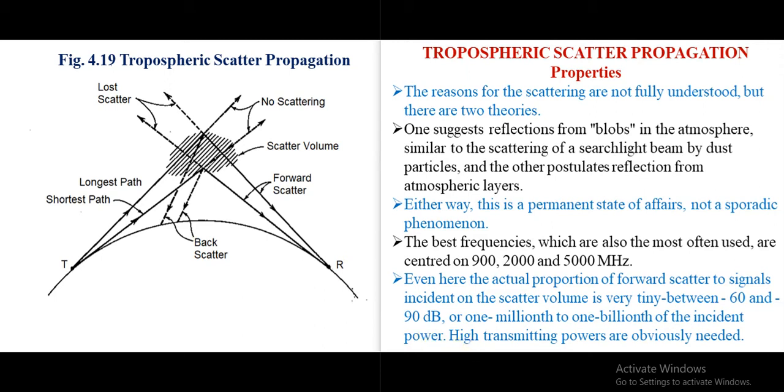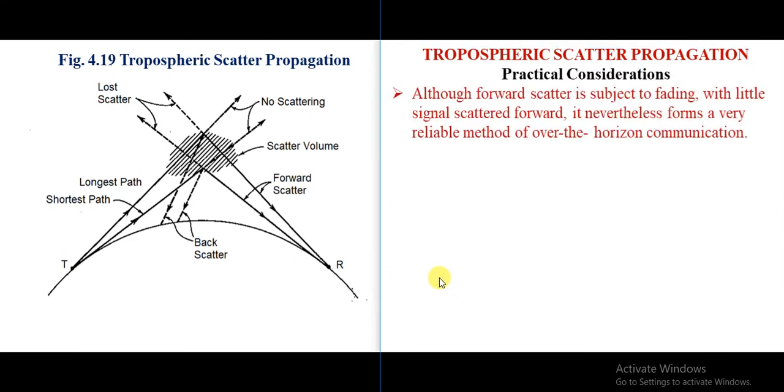So it is obvious that we require very high power antennas. So very high power antennas are used on the transmitter side so that the energy is reflected back to the receiver. But as these waves are reflected because of forward scattering, there is some fading.